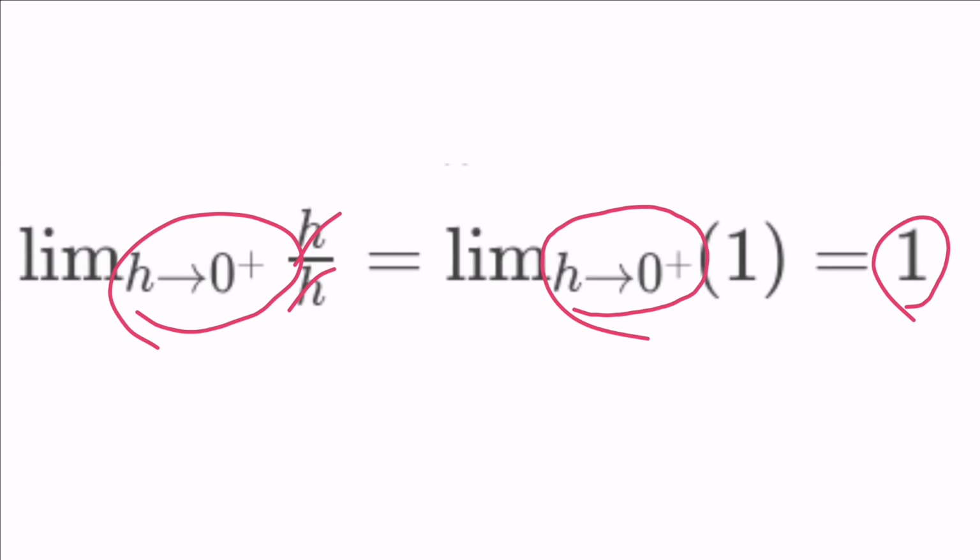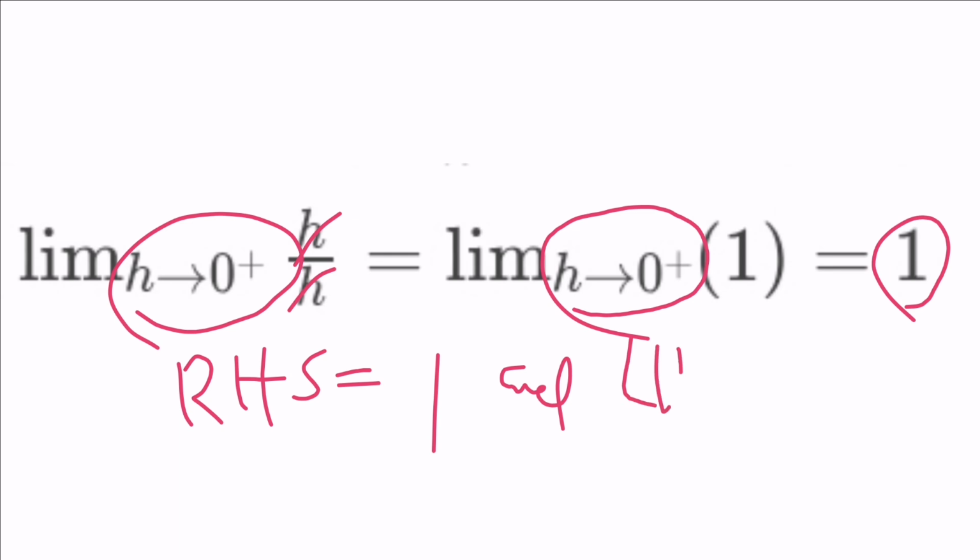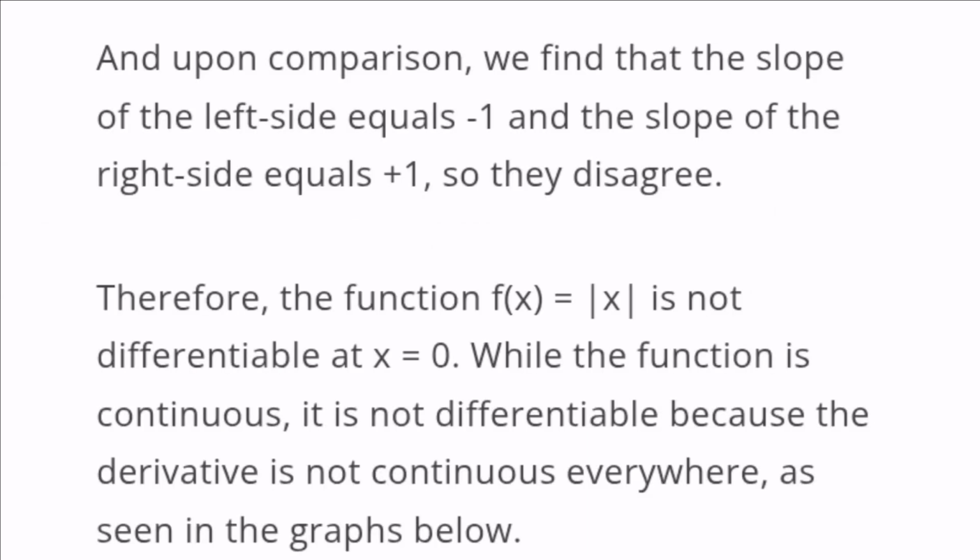So the right hand limit is equal to 1 and the left hand limit is equal to minus 1. So upon comparison, we find that the slope of the left side is equal to minus 1 and the slope of the right side is equal to plus 1.